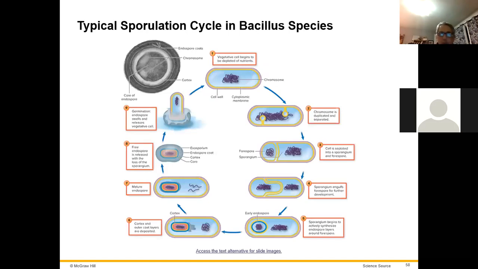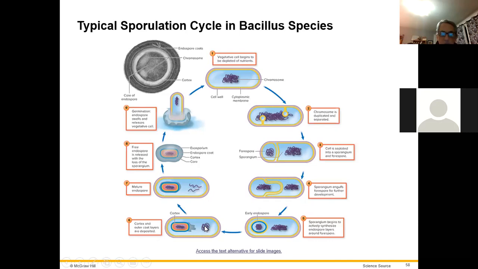So Clostridium and Bacillus are two of the genera. There are others within gram-positive bacteria that can make spores. So what will happen is the cell in a harsh environment will duplicate its genetic material, and part of that replication will be in the spore, and the cell will slowly wall off the other genetic material, and you'll have this spore forming.